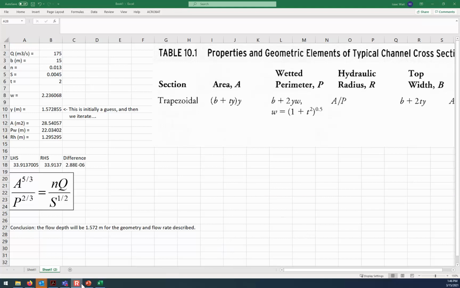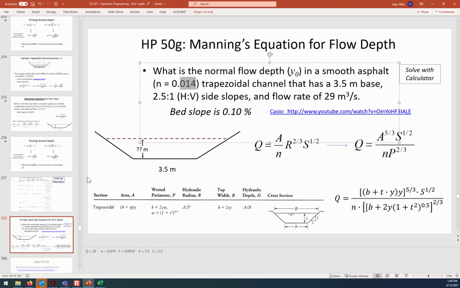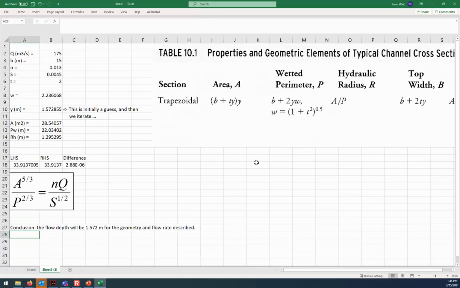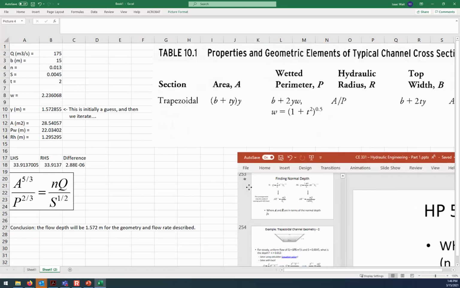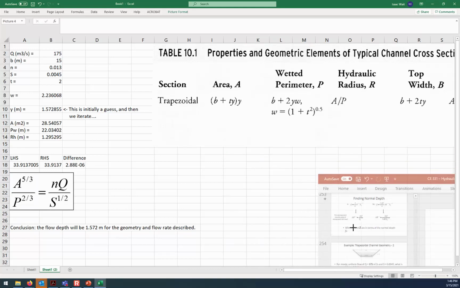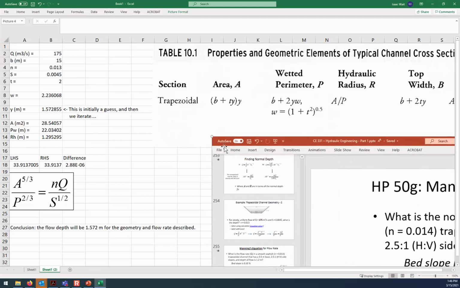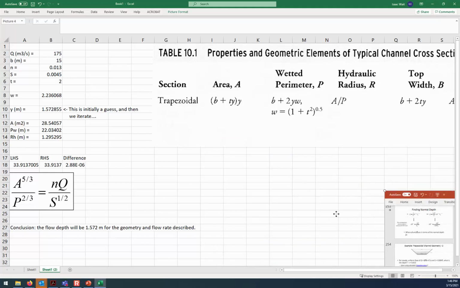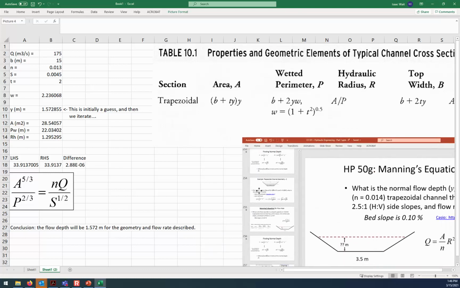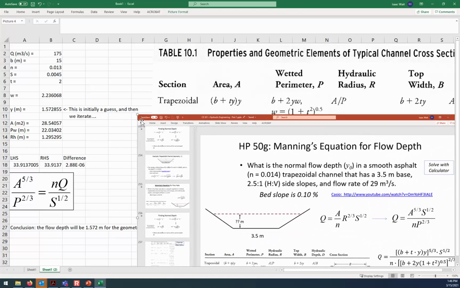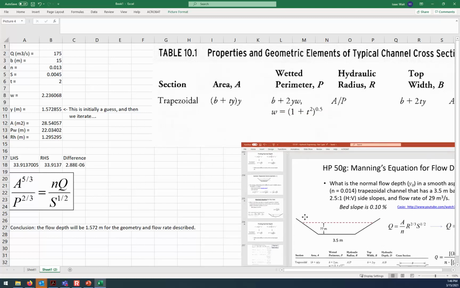I've got this new problem. I'll paste it so that we have it available to view as a reference. It's the same channel as the previous example, but approximately double the flow.